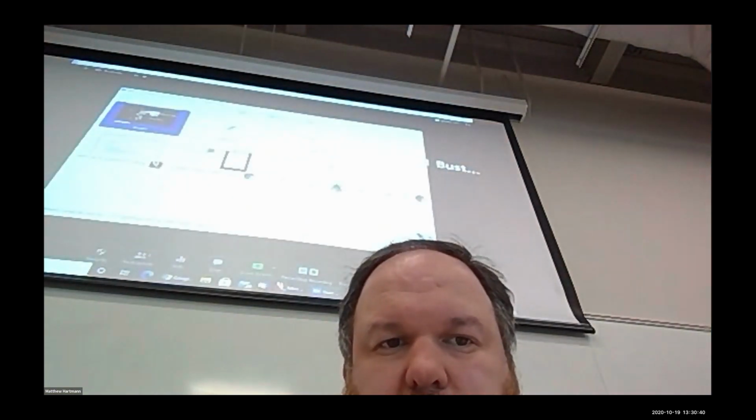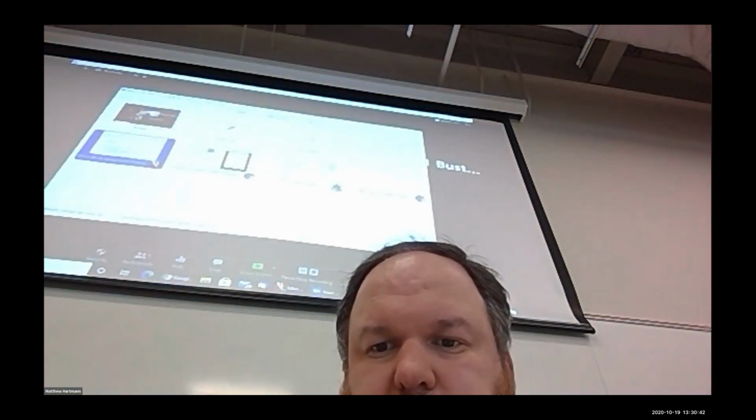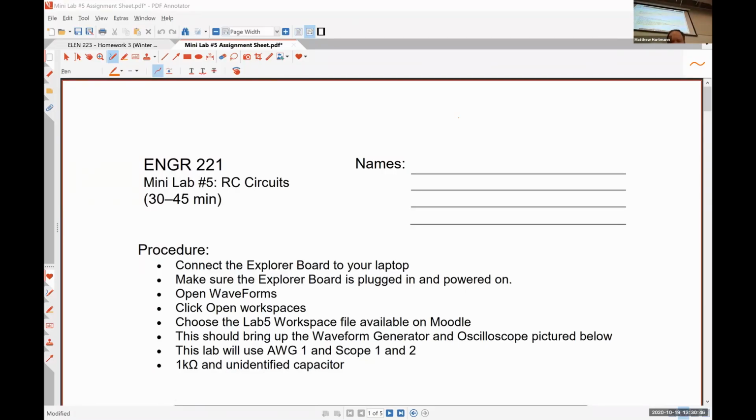All of you on Zoom, this document is available in the Moodle page, where if you click on mini labs, it should have mini lab number 5 and all that kind of stuff. And then also you can submit it in the online submission portal at the very bottom of the page.